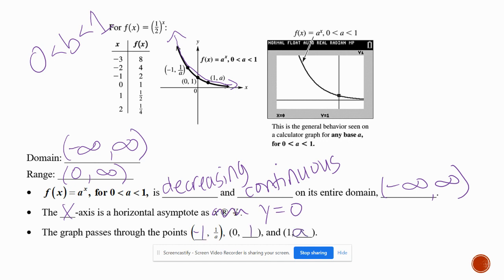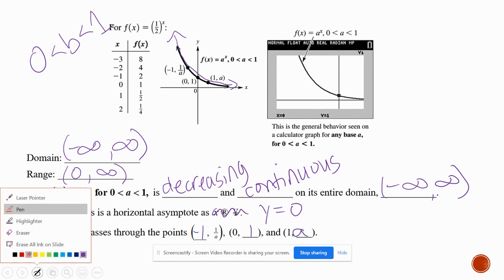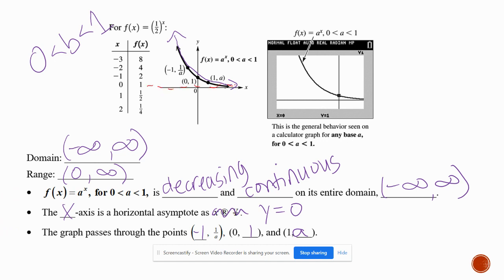These points are still the same as well. Our asymptote is still here. We still have that 0, 1. And everything that we said above about vertical shifts affecting our asymptote and our range still applies, even though this base is a decay base.